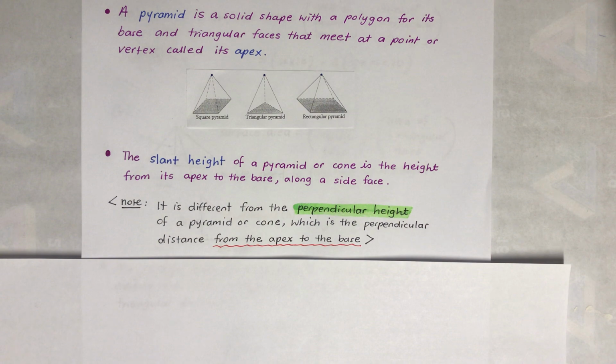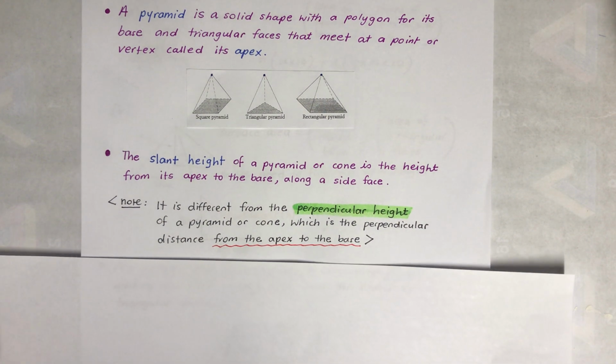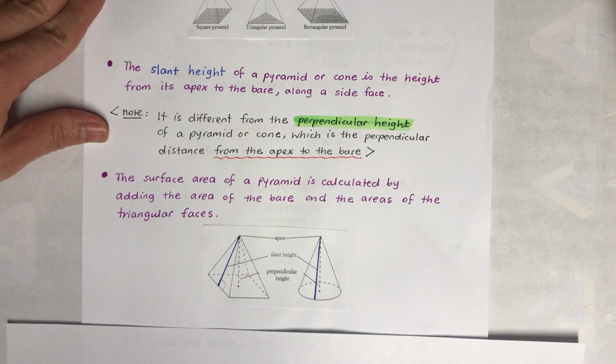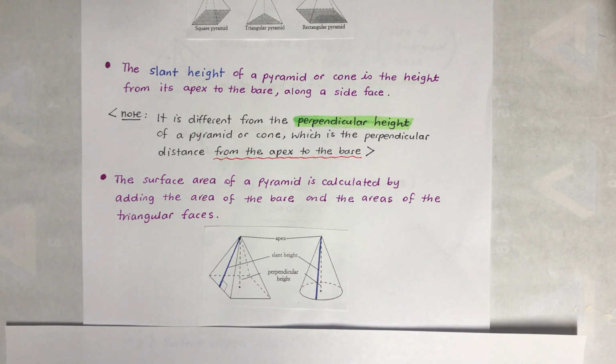So if I just show you the diagram, it might be a little bit better. So this is the diagram here. The surface area of a pyramid is calculated by adding the area of the base and the areas of the triangular faces.